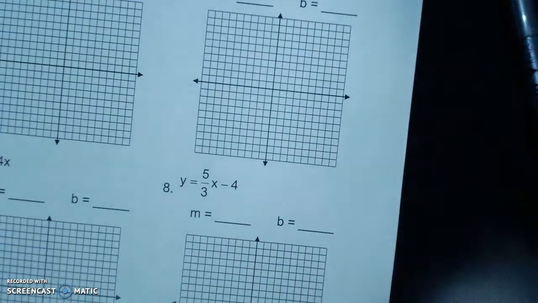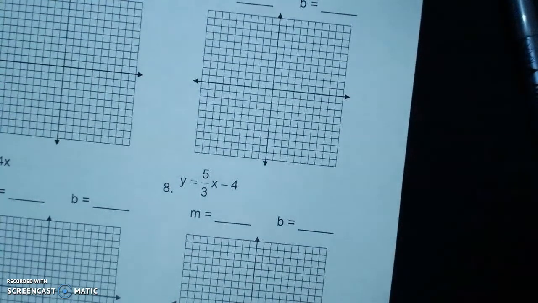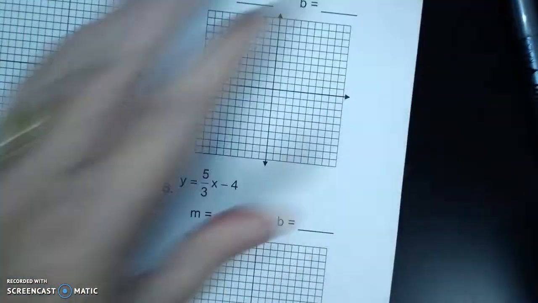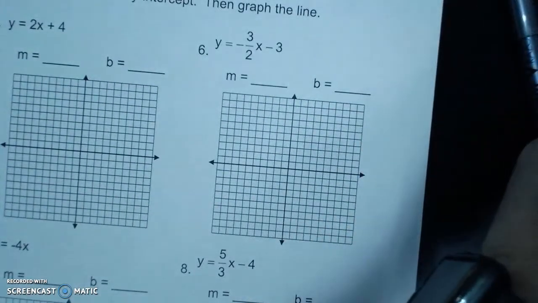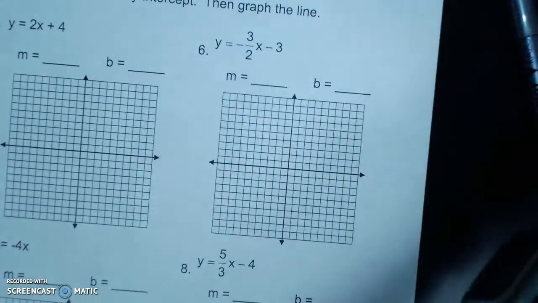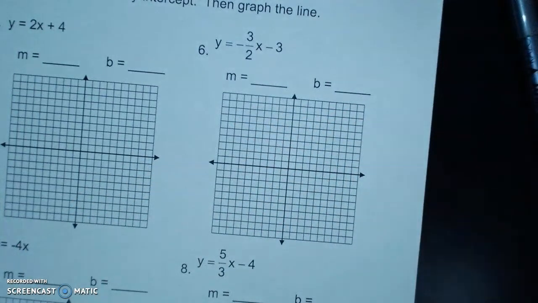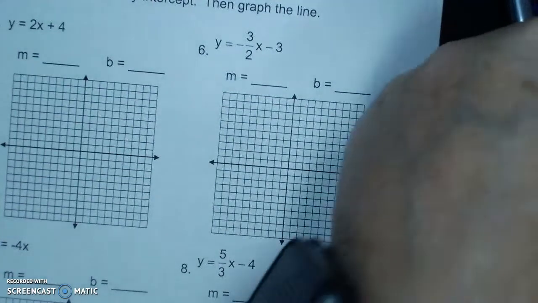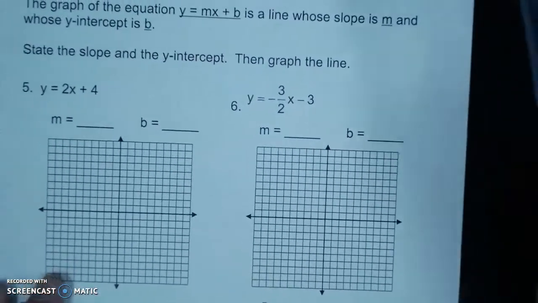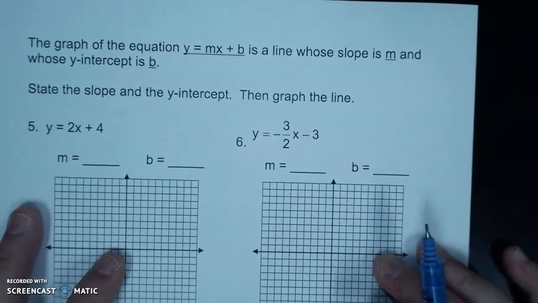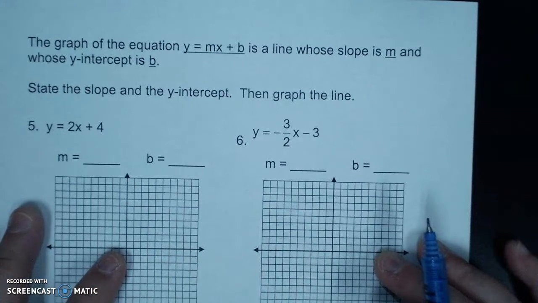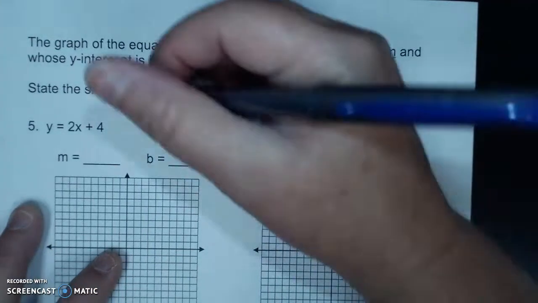Okay, the next part is you are now given an equation, and you're going to have to graph the line from the equation. So the graph of the equation y equals mx plus b is a line whose slope is m and b is the y-intercept.